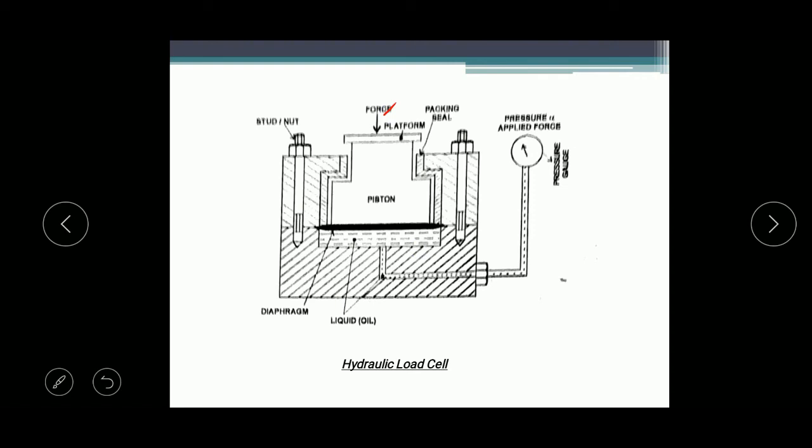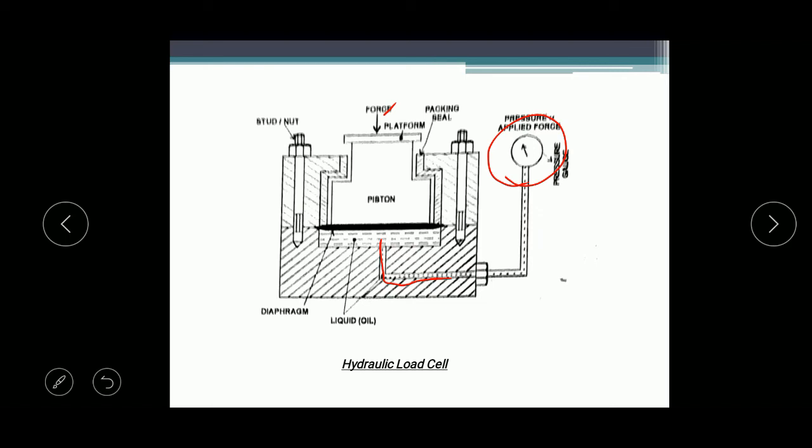This increase in pressure is measured by using the pressure gauge which is connected to the liquid medium. The pressure is calibrated in force units, and hence the indication in the pressure gauge becomes a measure of the force applied on the piston. This is how the hydraulic load cell works.